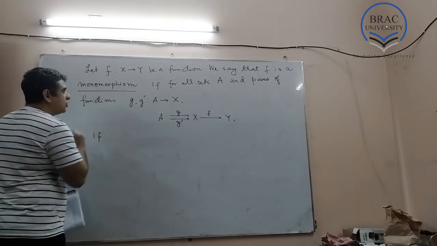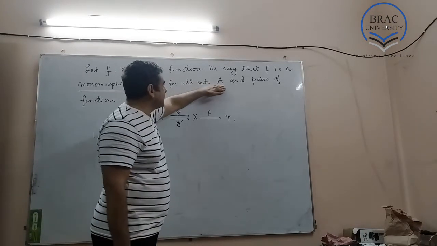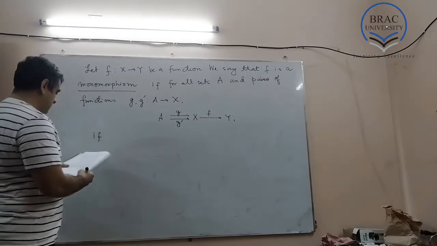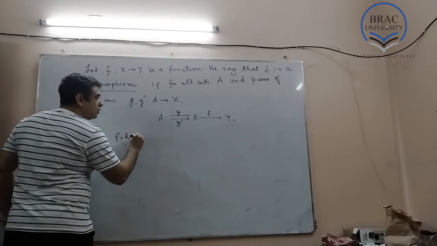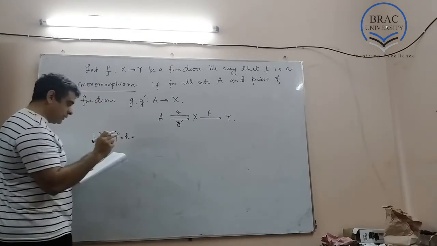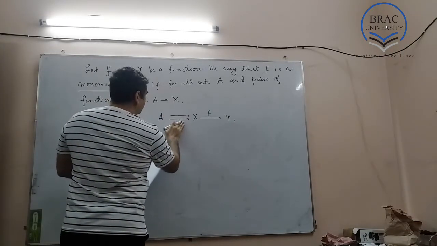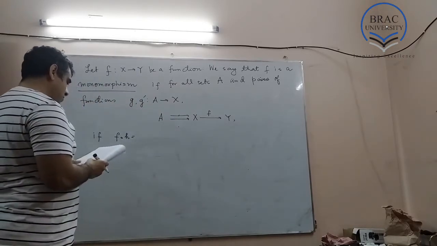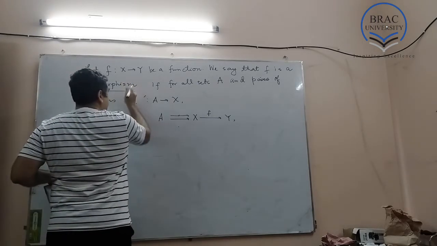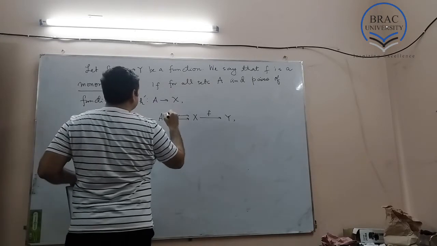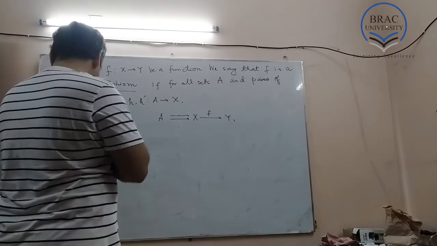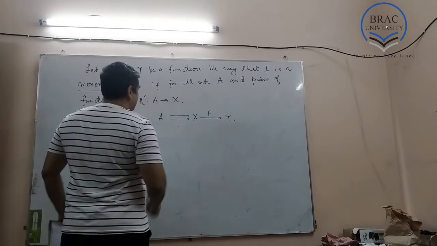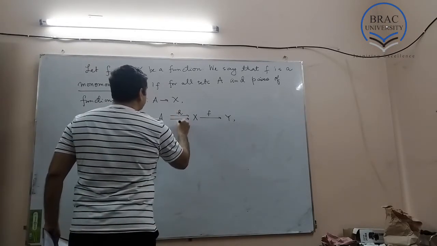For any set A and any two parallel arrows from A to X, I change them to be denoted by h, and keep them as h and h prime.